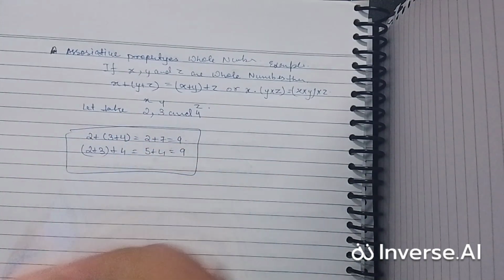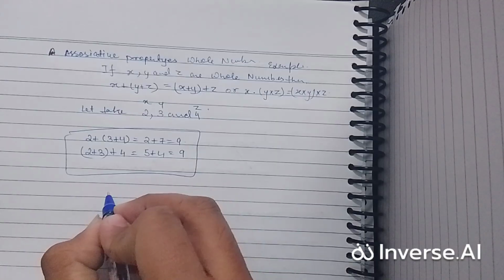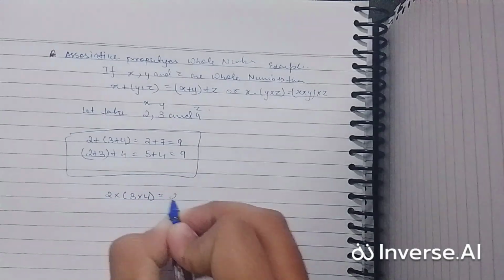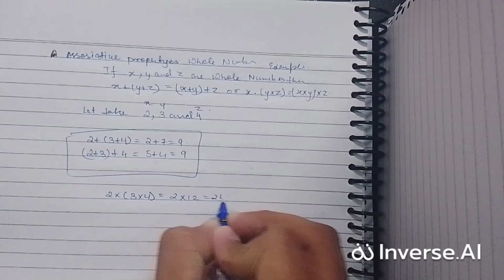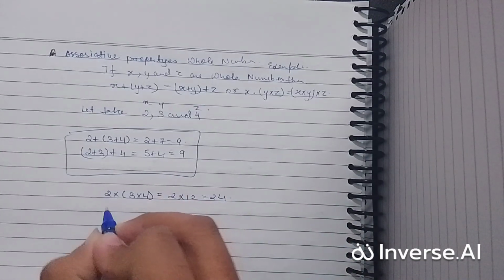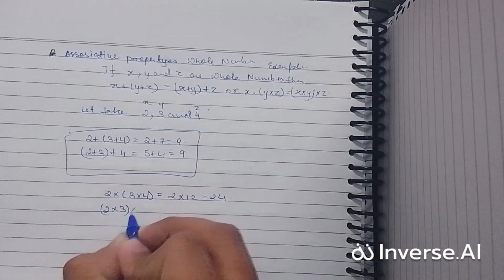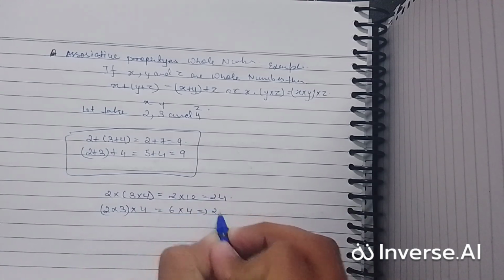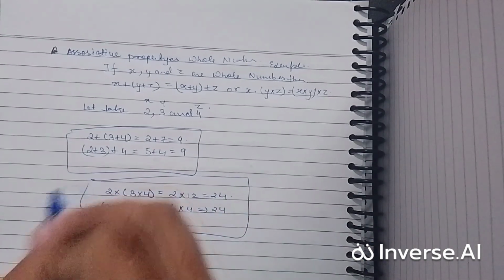So the result will be the same. For multiplication, 2 × (3 × 4) = 2 × 12 = 24. Then again (2 × 3) × 4 = 6 × 4 = 24. The result will always be the same.